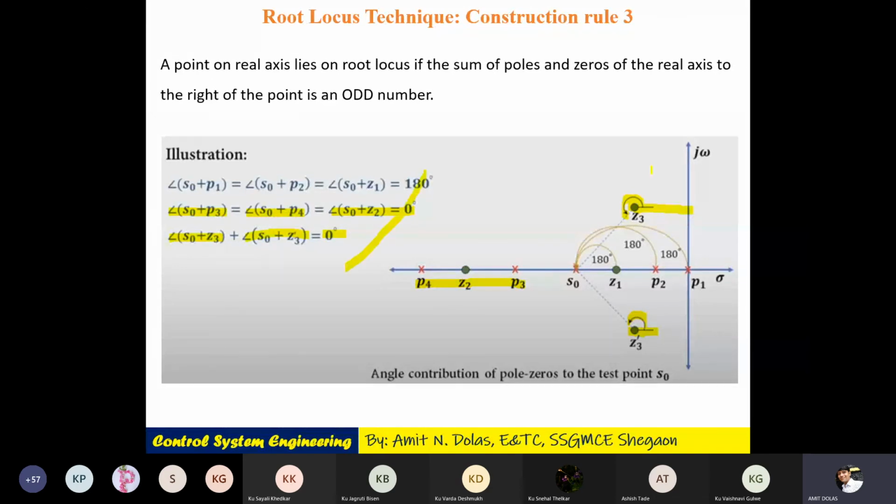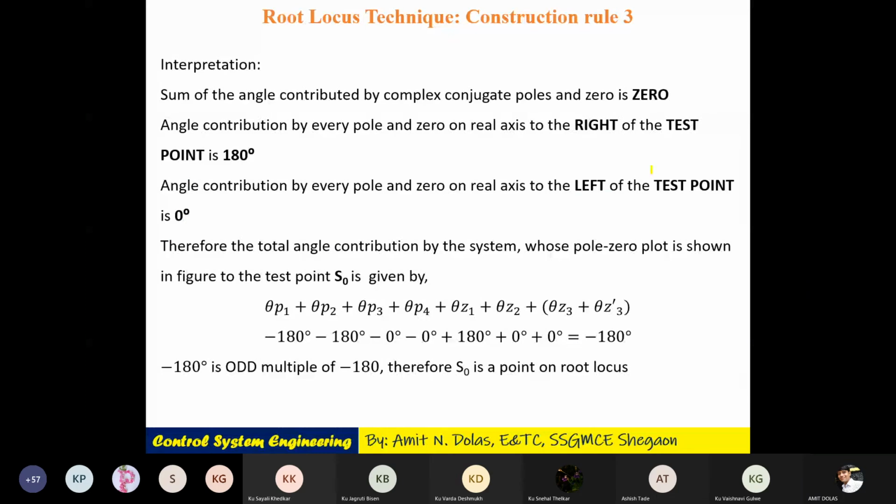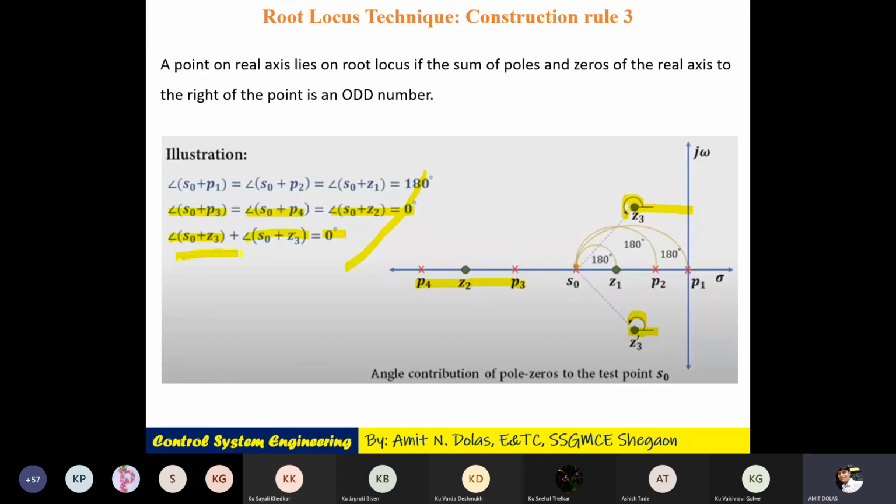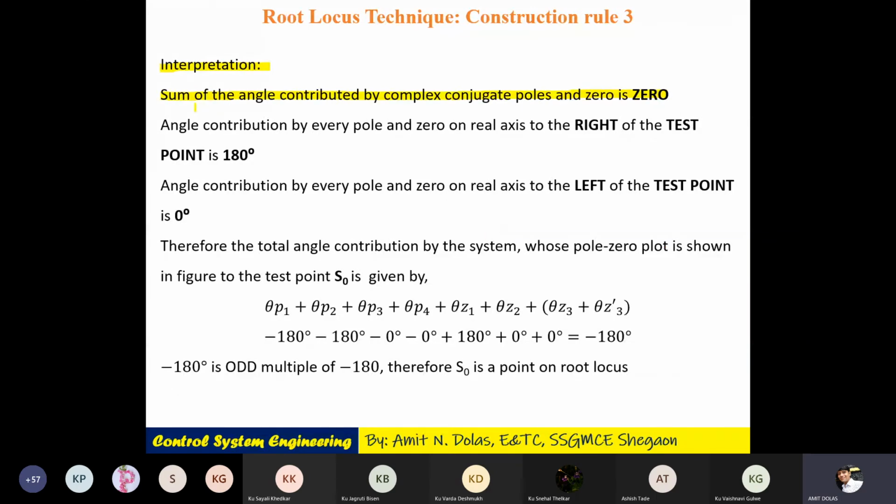ये हमें मिला है. Let's see the interpretation from this now. Sum of angle contributed by a complex conjugate pole is 0, जैसे कि हमने यहाँ पे मिला है, क्योंकि एक एंगल ऐसा आ रहा है और एक एंगल ऐसा आ रहा है, इसका sum will be of course 0.